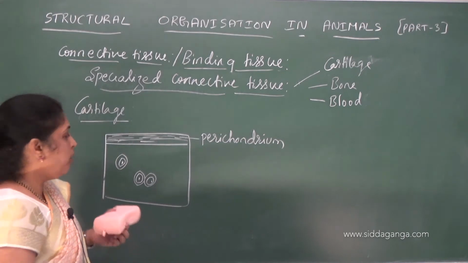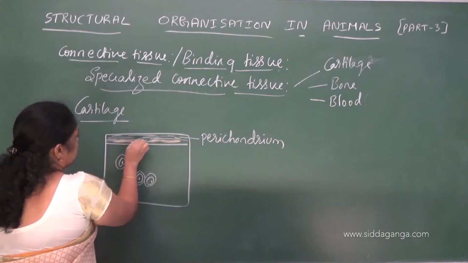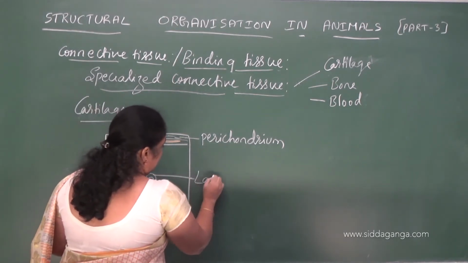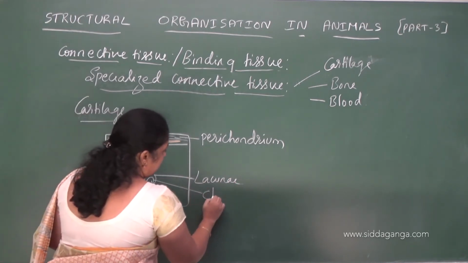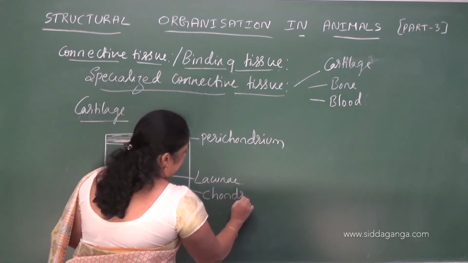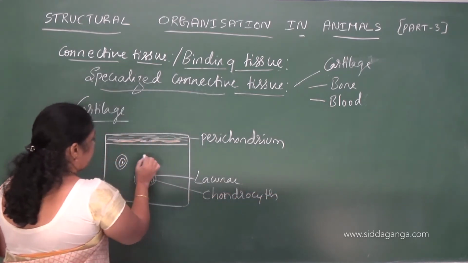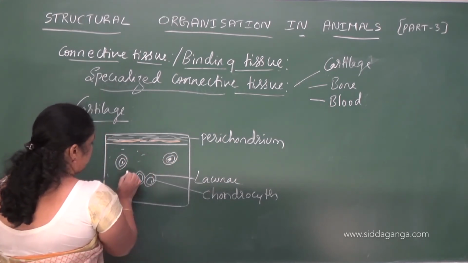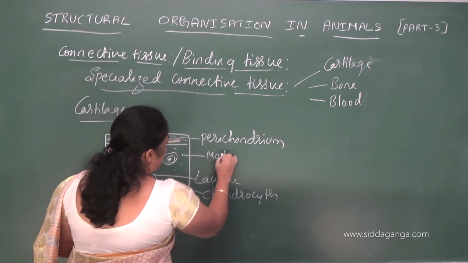The perichondrium has blood supply. These are lacunae. Inside them we see cells called chondrocytes. This is the matrix or ground substance.